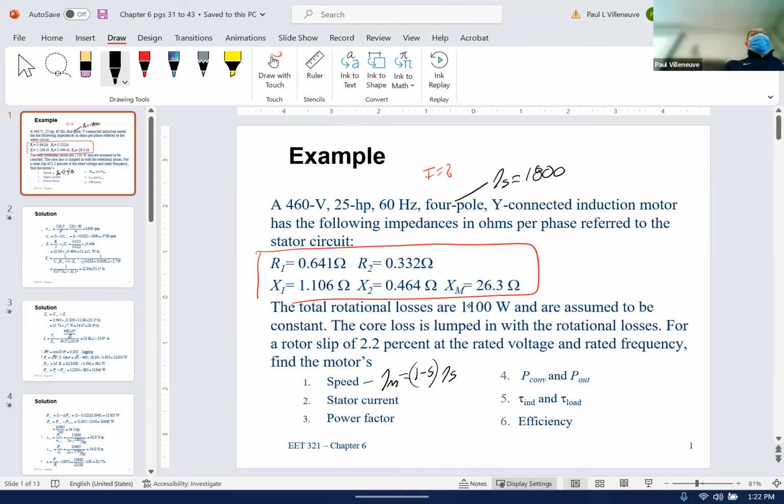Now to figure everything else out at this point, we need to convert this to our equivalent circuit diagram and start to do some calculations. So we can figure out speed, but everything else we're going to have to do that way. So we're going back to our diagram.